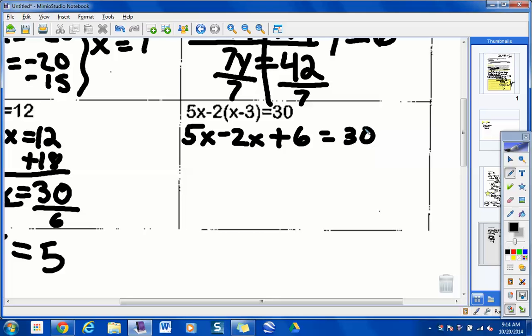All right. So this last one right here. How about 5x minus 2x? What do you have there? Isn't that 3x? What are you going to subtract from both sides? So what is 30 minus 6? So I have 3x equals 24, right?